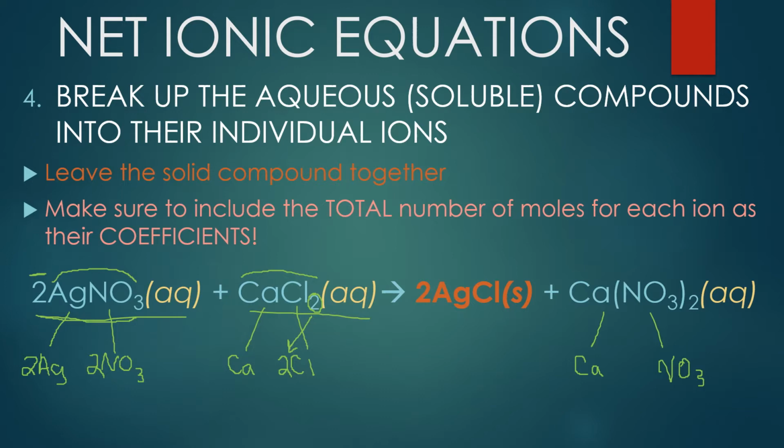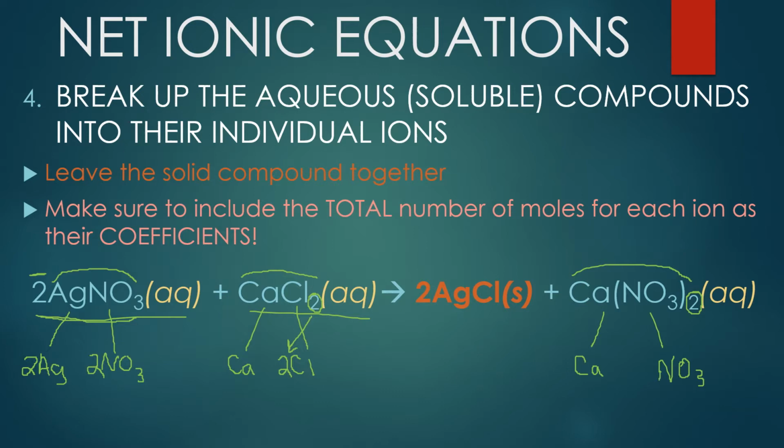Now again, we skip the solid one, and then we go over here to the very last one. This whole thing is all together, but there are no coefficients here, so there's only one each of these, except over here, the nitrate. There we had to have 2 of the nitrate ions in order to keep the charge even with the calcium, remember?